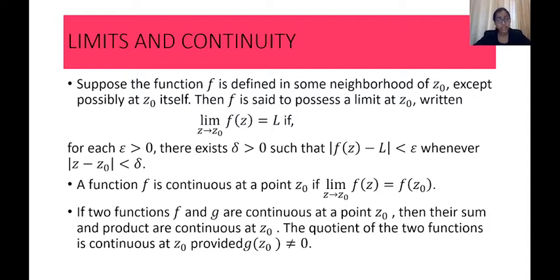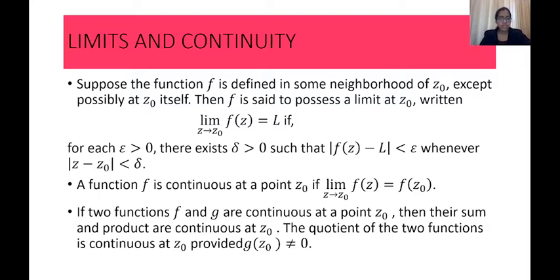In the case of continuity, the limit should exist and be equal to the function value. We also have properties of limits: if the limits of two functions exist, then their sum as well as their product will also have limits.